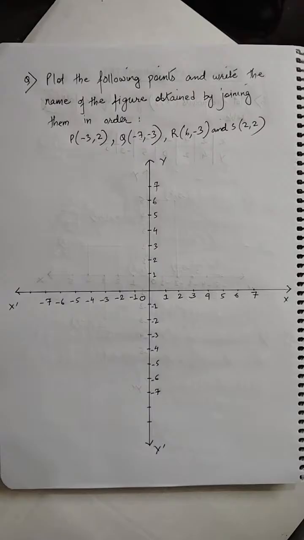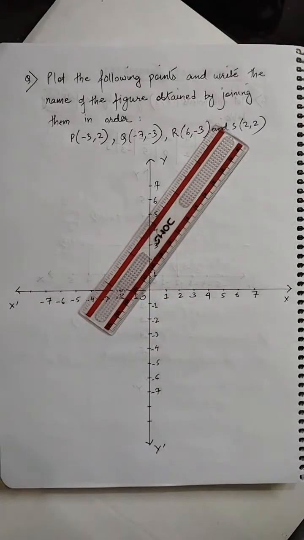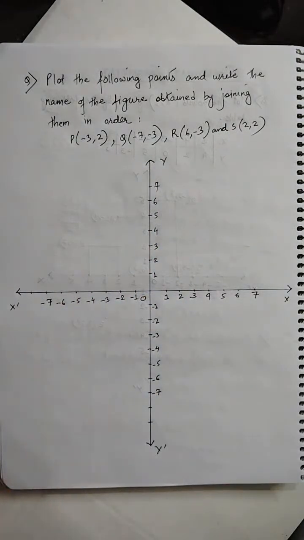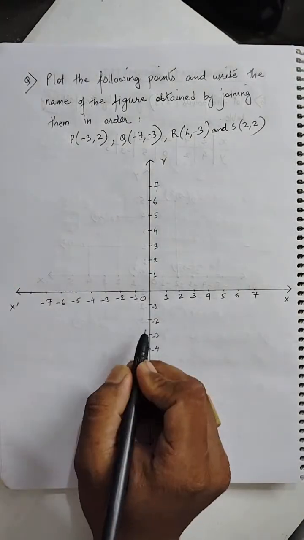Okay, let me get a small ruler. Just give me a minute. Okay, the first point is P, where x coordinate is minus 3 and y coordinate is 2.